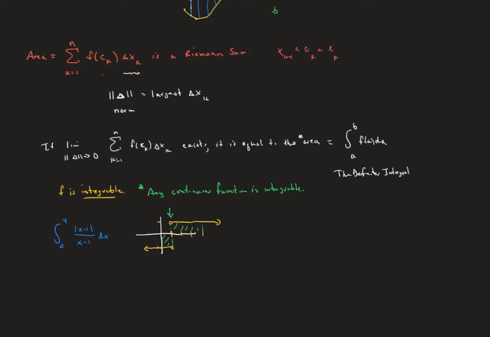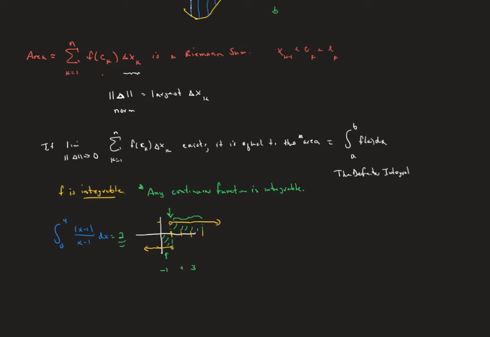Using an area argument, the area of that rectangle, because it's underneath the axis, is going to be negative 1, and this rectangle that is 3 by 1 is going to be 3, so this integral is negative 1 plus 3, which is 2. So even though the curve is not continuous, this function is still integrable.